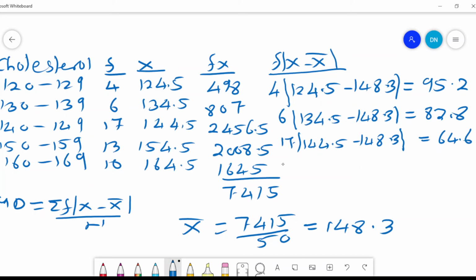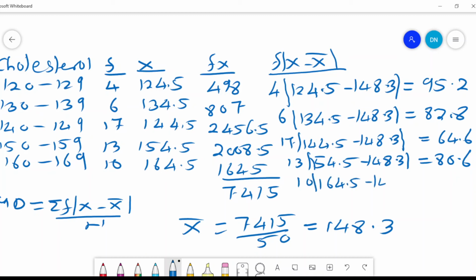Then the fourth one will be 154.5 minus 148.3 times 13, which will be 80.6. And then finally, the last one is 10. 164.5 minus 148.3, and the value will be 162.